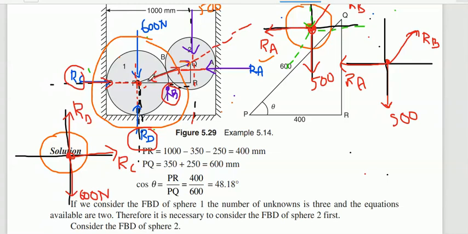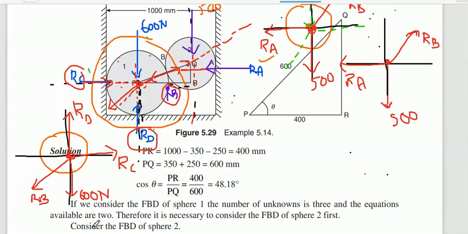So it is moving in this direction, the third quadrant. If you move this, it will go to the third quadrant. That is first, second, third. So we can write from the center point, RB is moving in the third quadrant. That is RB. RB is inclined, and the inclination we can find out later.